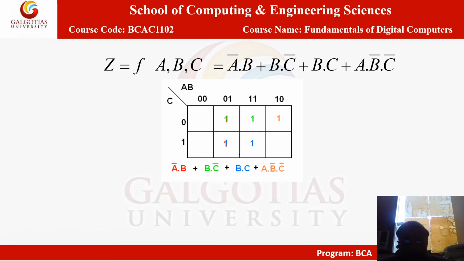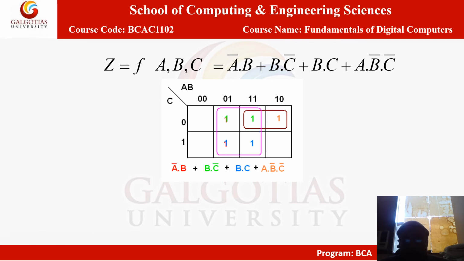Now we will make the grouping. How will you make the grouping? All the 4 will be combined first and then these 2 will be combined. Okay. So look here, this is the grouping. All the 4 will be represented by B. So the answer will be B plus.